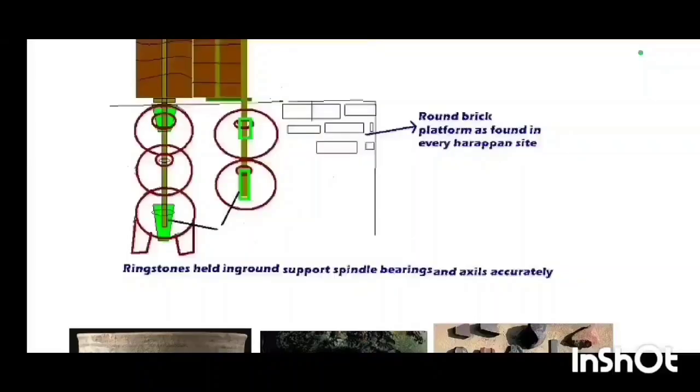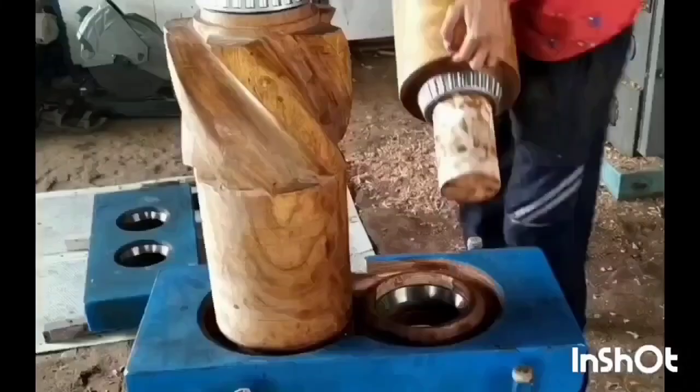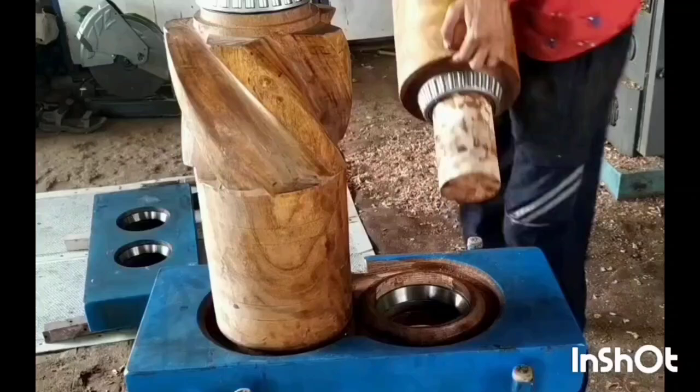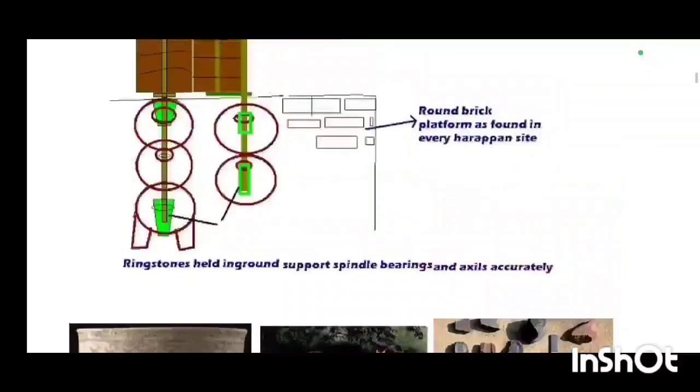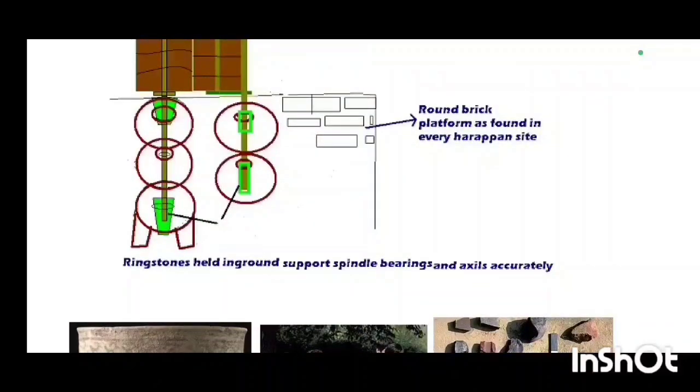These days, taper roller bearings are used, but in those days, only stone bearings, that is, you can see the taper roller bearings here and stone bearing carried by workers at Harappa.